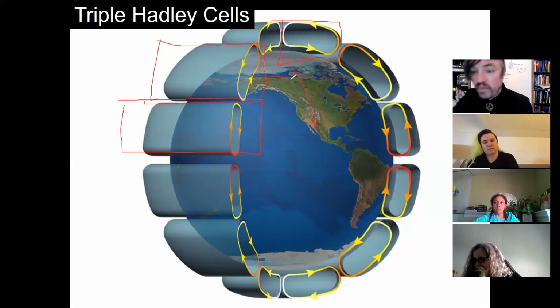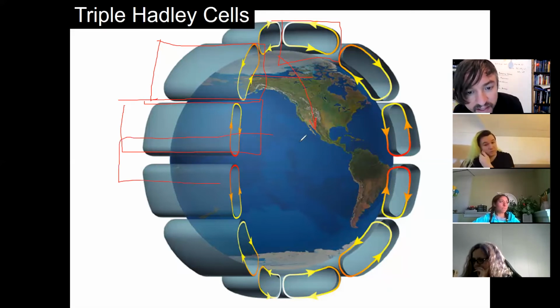They call it snowball Earth. We know that Earth has had a couple of these periods. These triple Hadley cells always help us keep a little bit of water along the equator, which is really good for regulating our carbon dioxide. Even if global temperatures got too high on Earth, we'd probably be able to keep some liquid water near the poles, and that would be good for life as well.